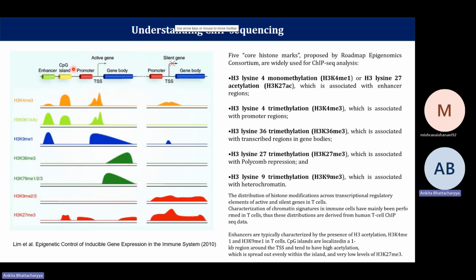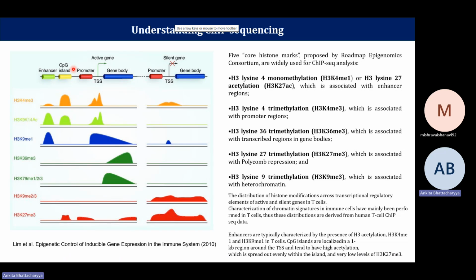So enhancers typically are characterized by the presence of H3K9, H3 acetylation, H3K4ME1, and H3K9ME1 in T cells. And then CpG islands are localized in an approximately 1 kb region around the TSS, and they tend to have high acetylation. This is spread out evenly with very low levels of H3K27ME3.